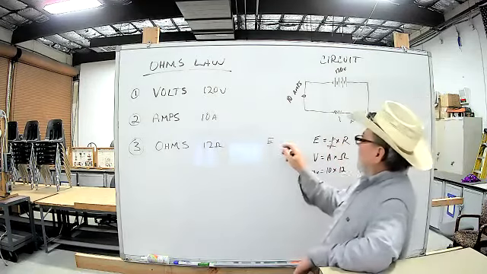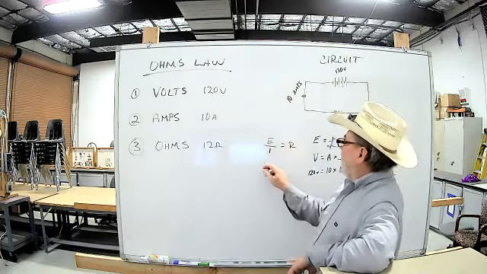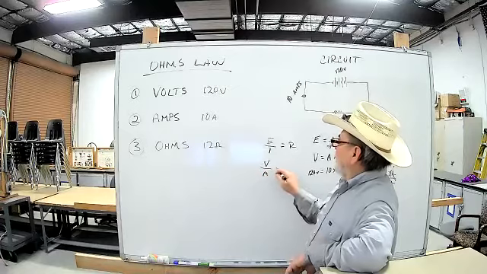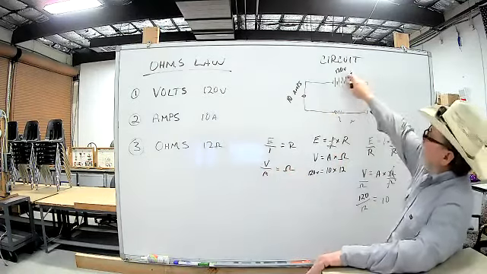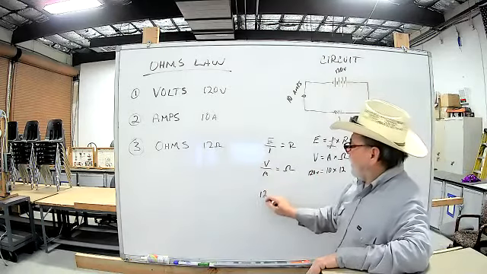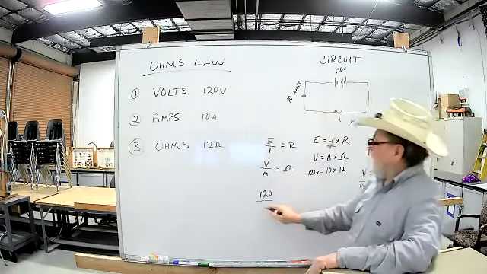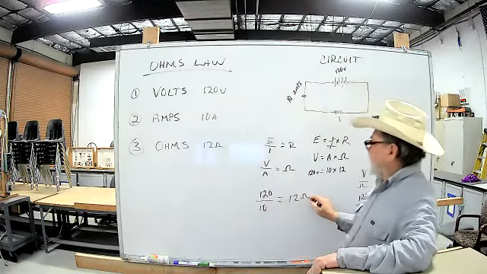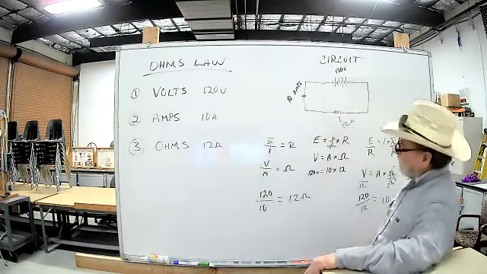So it'd be E over I equals your R, which is basically your volts over your amps equals your ohms. Again, you got 120 on top, divided by your amps, which is 10, equals 12 ohms. Just like we had before I erased it.